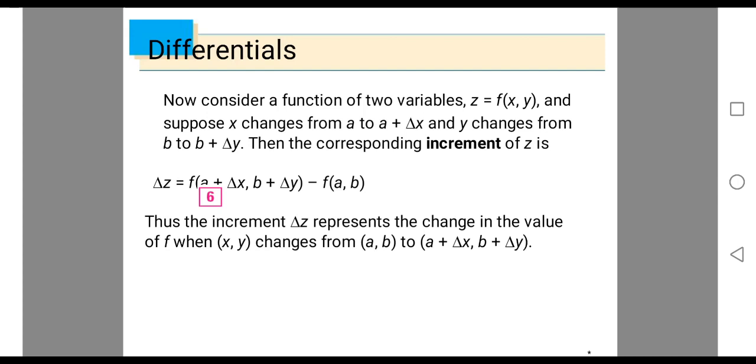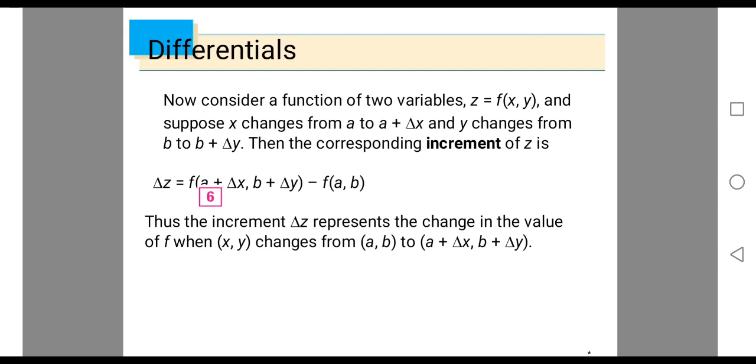In this definition 7, z is equal to f of x, y, then f is differentiable at a, b if delta z can be expressed in this form: f sub x of a, b times delta x plus f sub y of a, b times delta y, plus epsilon 1 delta x plus epsilon 2 delta y, where epsilon 1 and epsilon 2 approach 0 as these two deltas approach 0 and 0.